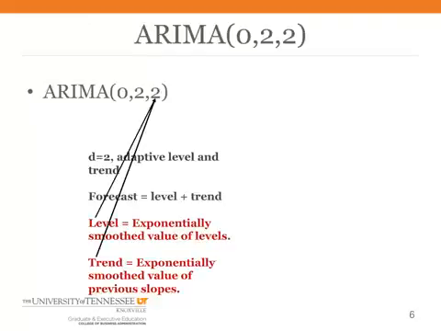Looking at our ARIMA (p,d,q) terminology, the d equal to 2 in the middle tells us that both the trend and the level of the process will change or adapt over time. And then the third parameter, the 2 for q, tells us that there will be two types of exponential smoothing going on, one for the level of the process and another one for the trend in the process.